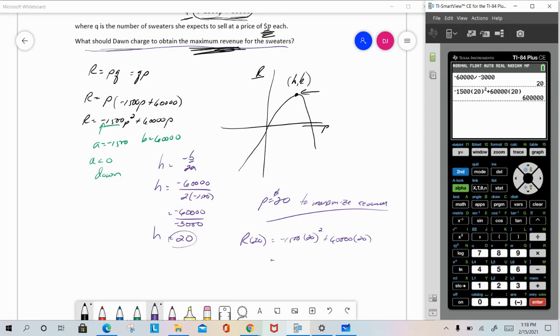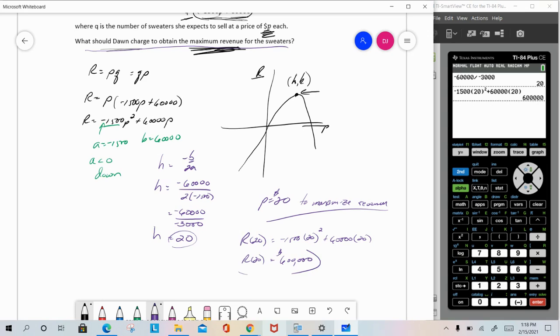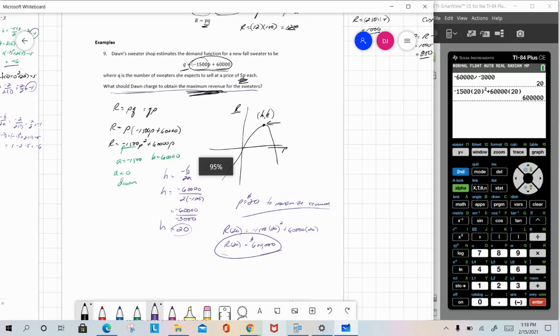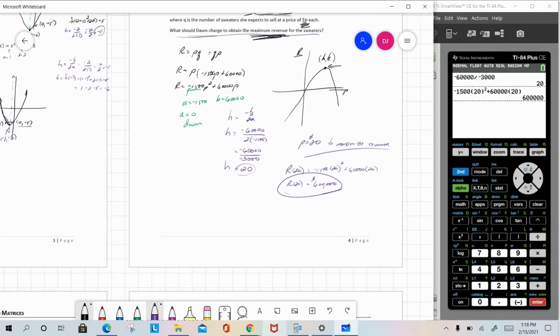So that would be a maximum revenue of $600,000. Again, remember that's revenue, not profit. To find the profit, she would have to subtract her cost from her revenue.